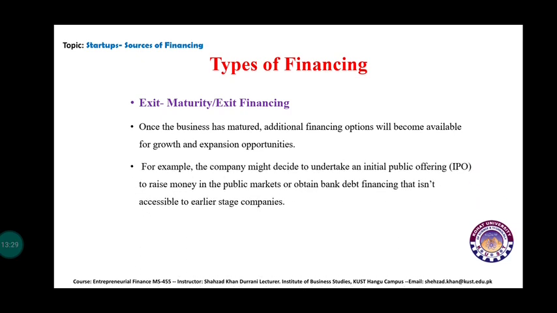For example, the companies might decide to undertake an initial public offering, right? So you can offer your shares to the common public to buy, to raise capital through this way in the public market, or you can obtain bank debt financing that isn't accessible to earlier stage companies.